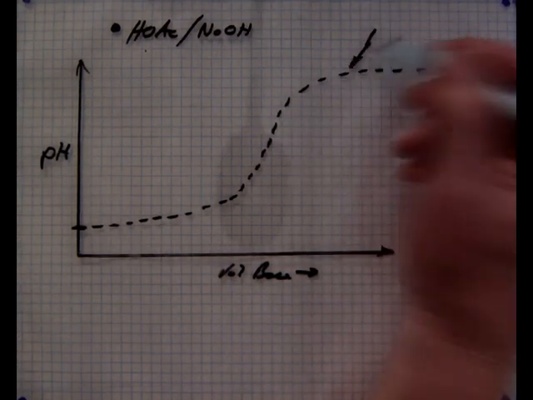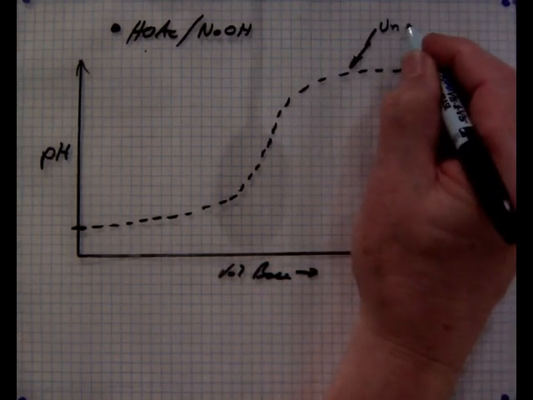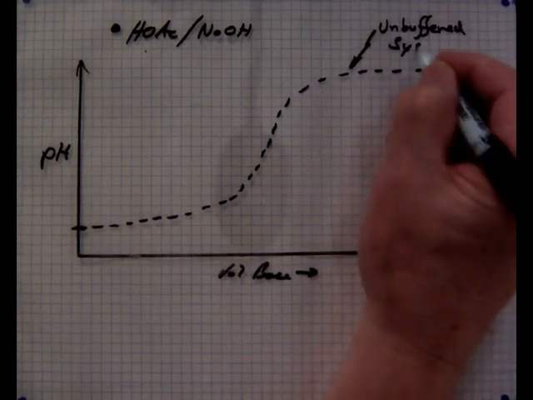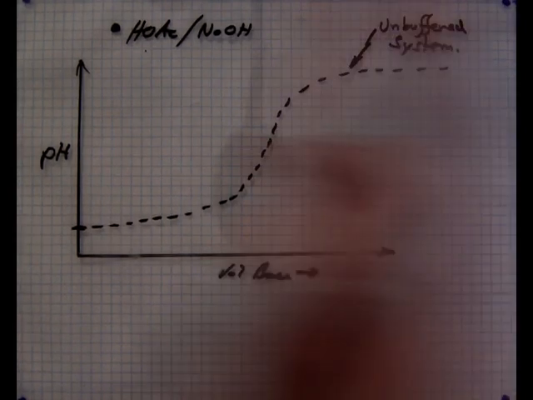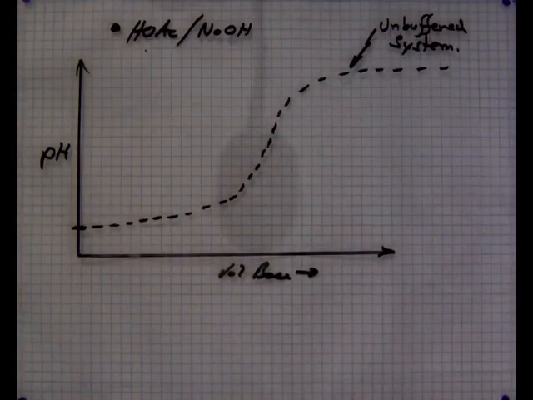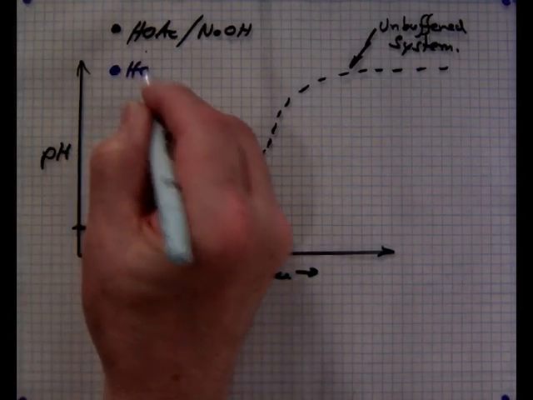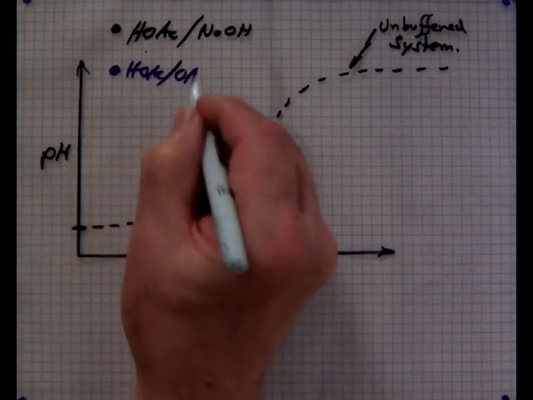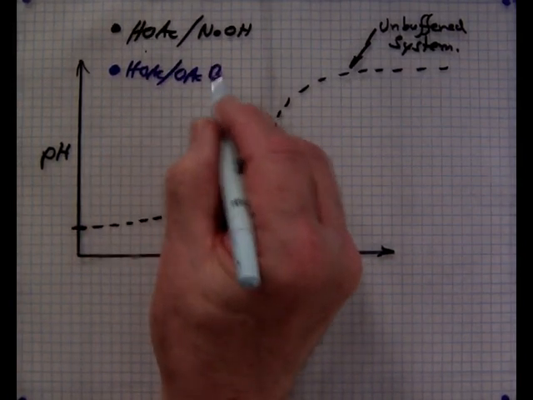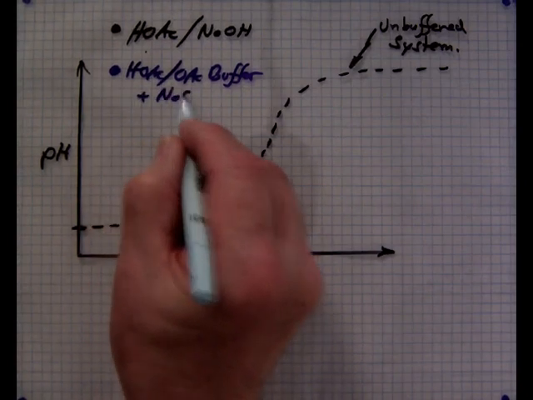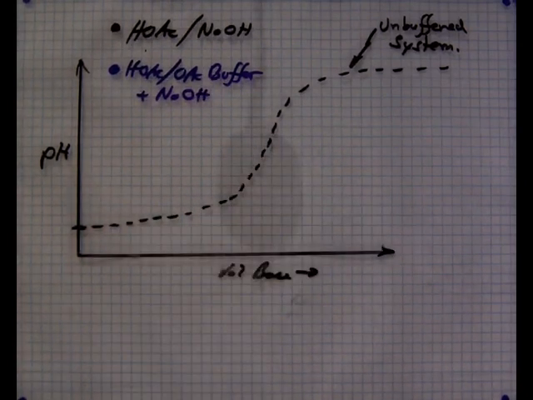Now, this is an unbuffered system. However, if you have a buffered system that you were trying to titrate, say an HOAc buffer plus sodium hydroxide, how will that affect it?